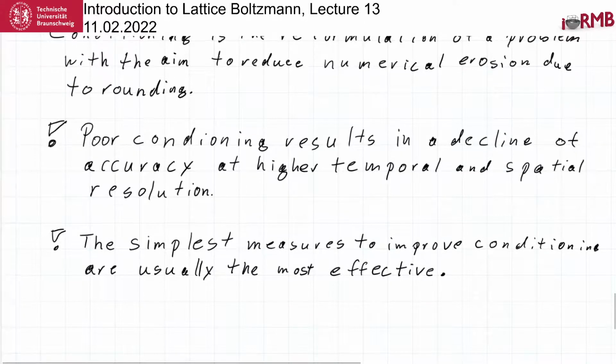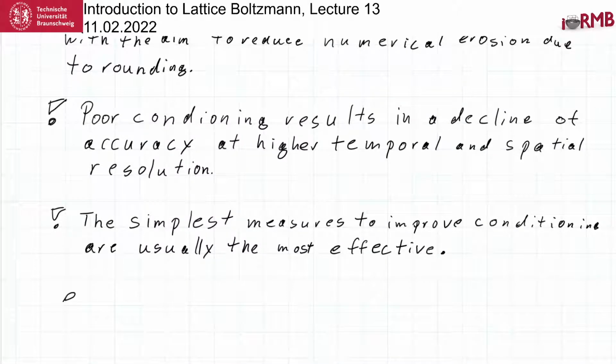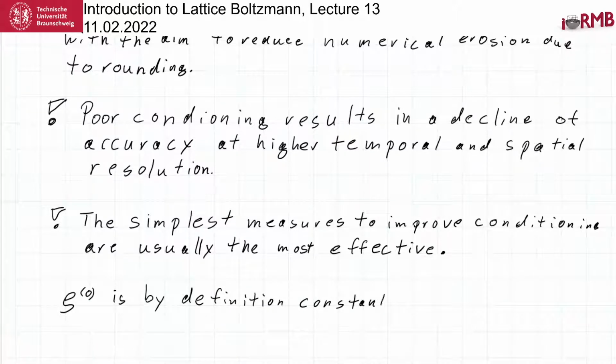So, but one simple thing that doesn't cost anything to do and is very straightforward is to recognize that this row 0, because it's zero ordered, is by definition a constant. And because it's constant, it never changes. So if it never changes, there's no need to store it.